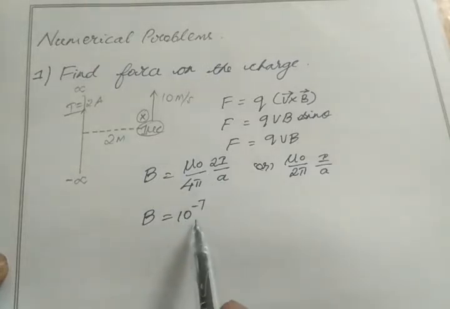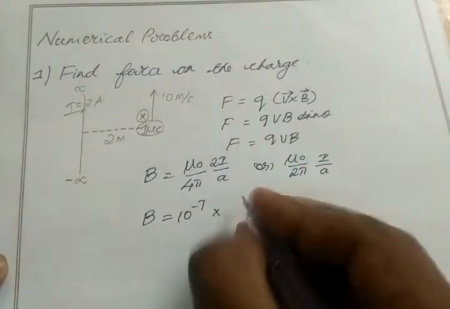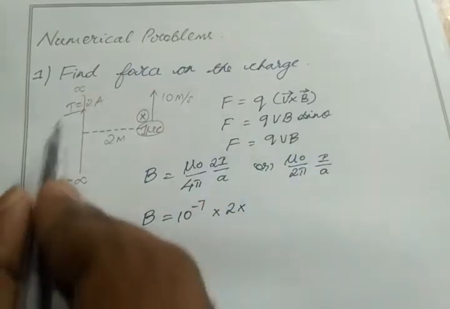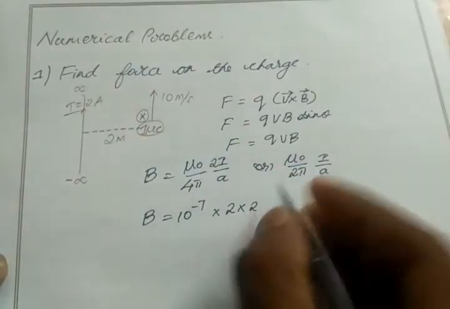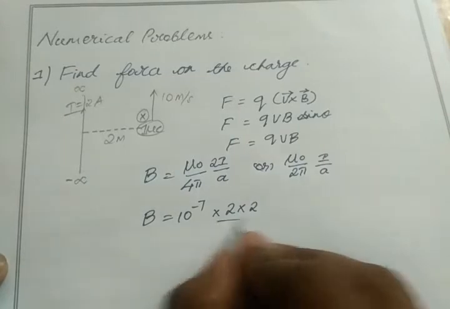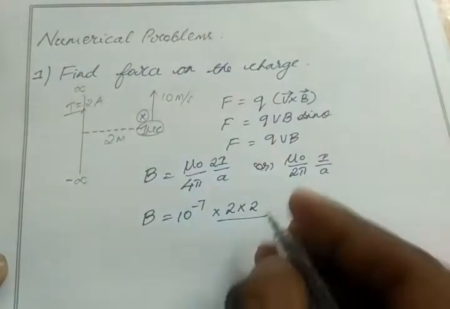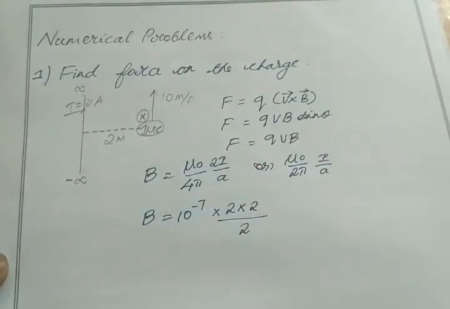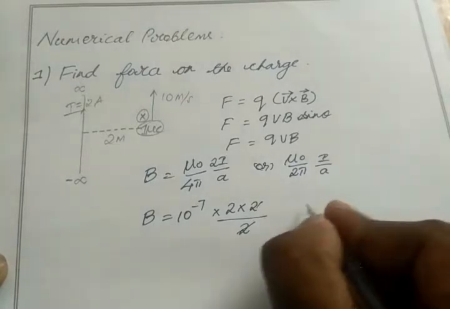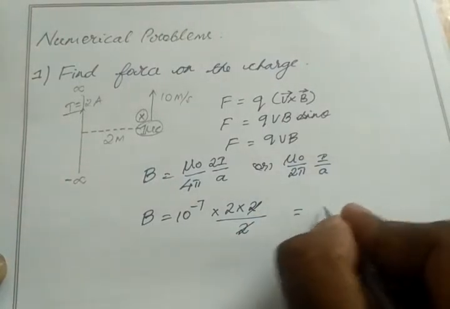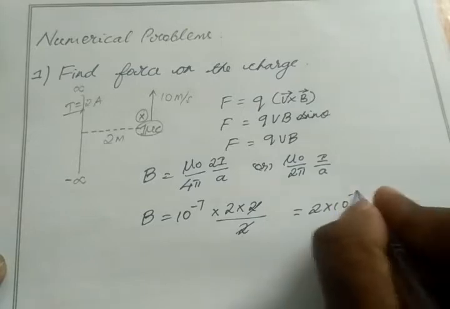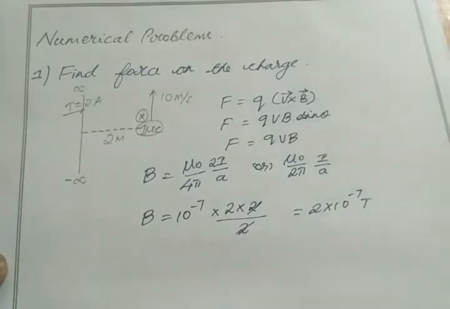So B equals 10 power minus 7 into 2, the value of current, 2 ampere, divided by A, which means this distance, also 2. So the 2 gets cancelled, then my B value will be equal to 2 into 10 power minus 7 Tesla.